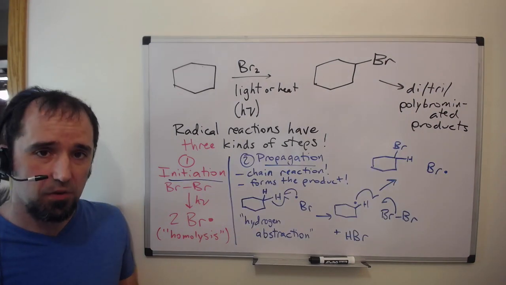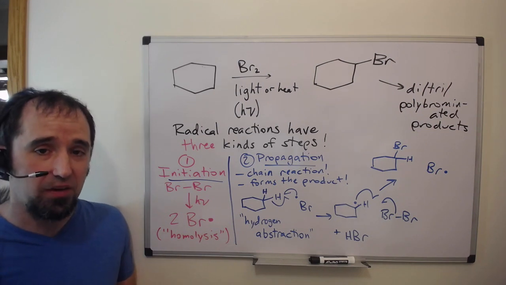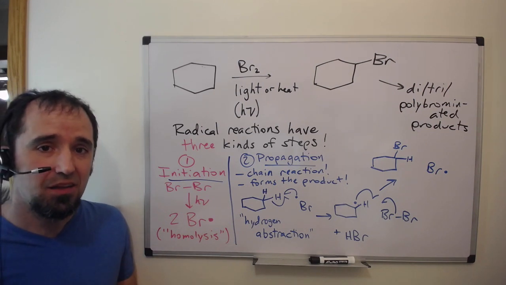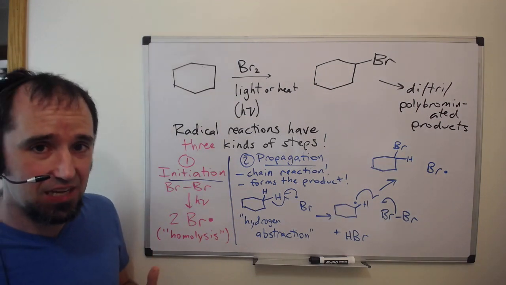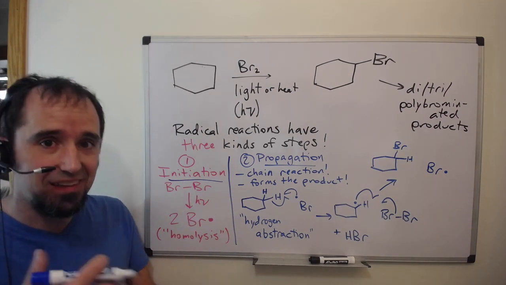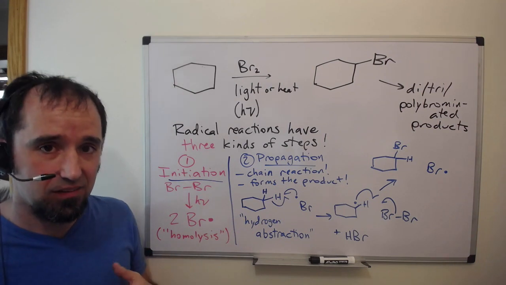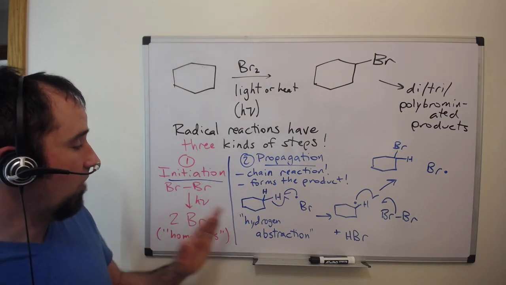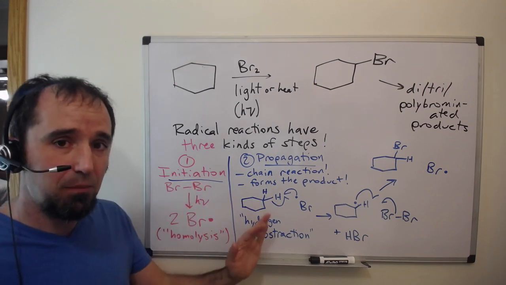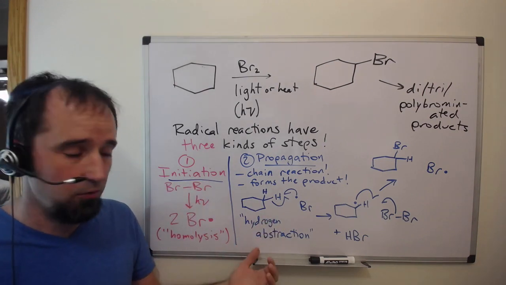Our second step is propagation, and this is really the important step in any kind of radical mechanism. These are usually chain reactions, and so the propagation step is the machinery that gives us our product, that keeps the crank going. So for every initiation step, there are many, many propagation steps because it's a chain reaction.